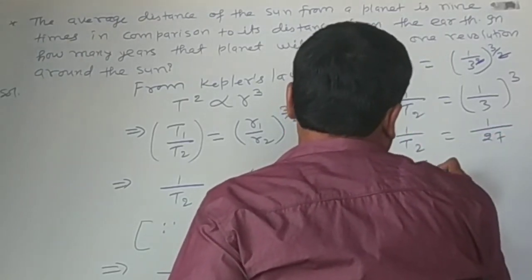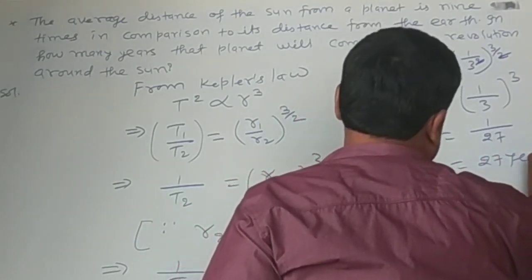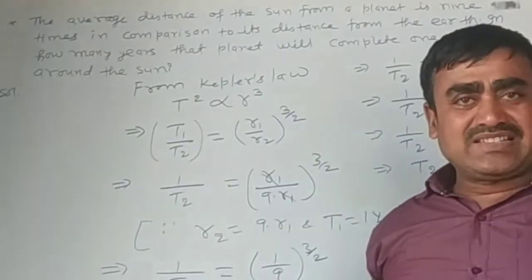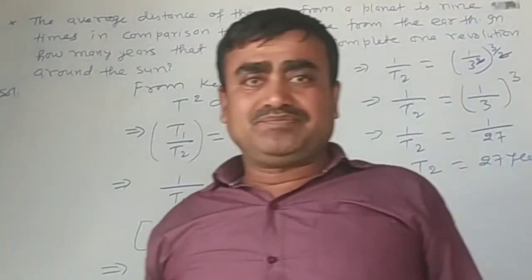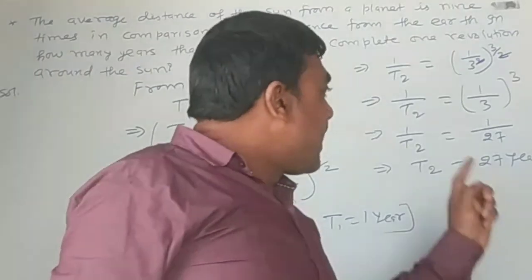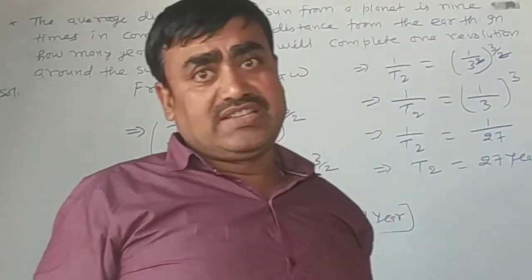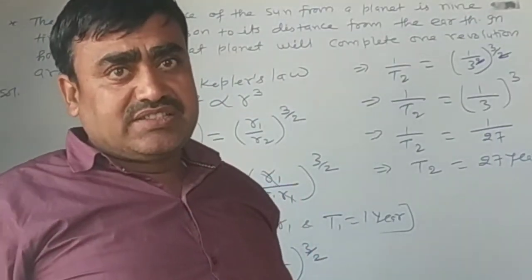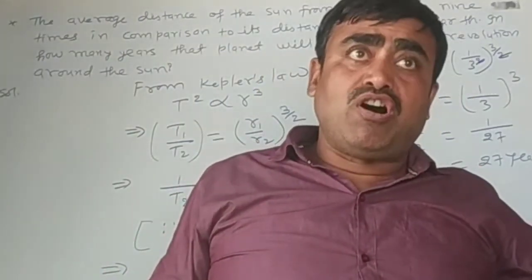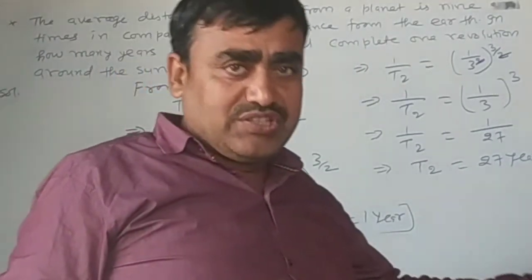This indicates that T2 is equal to 27 years. This is our answer. That means the planet takes 27 years to complete one revolution if the distance is increased to 9 times the average distance of the earth from the sun.